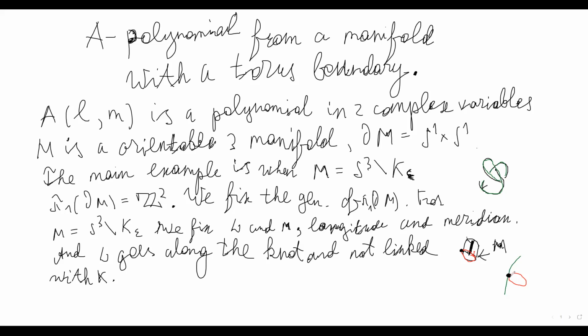So this is x0, and then we can draw the velocity vectors, and they should form a positively oriented basis in the boundary torus. Okay, so if you just have a non-oriented knot, we'll have longitude and meridian up to simultaneous change of sign.